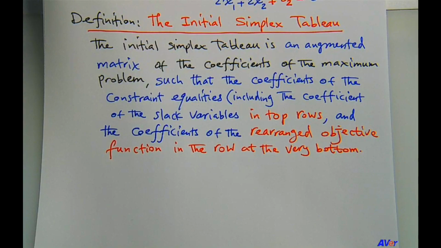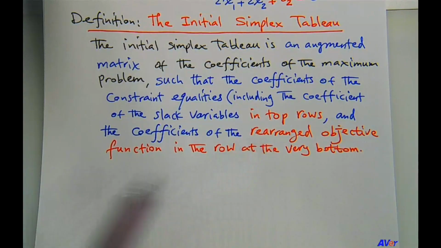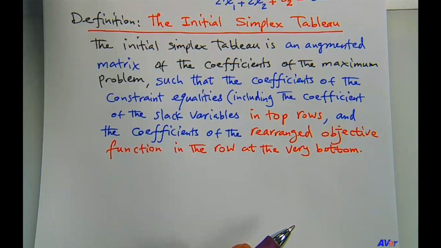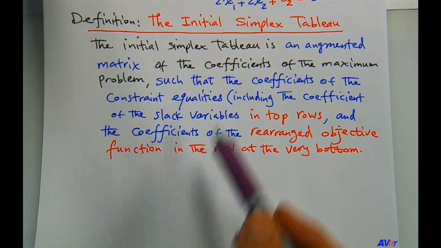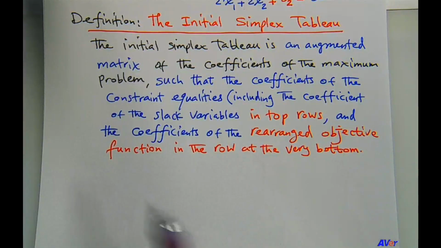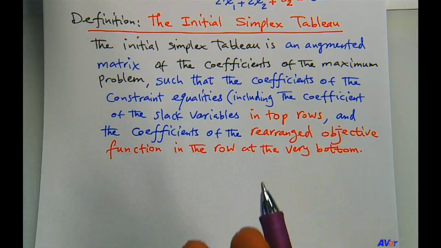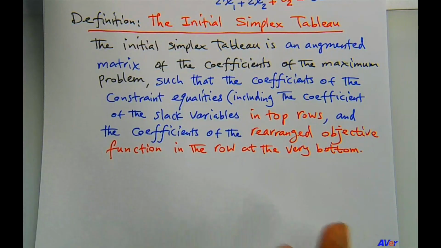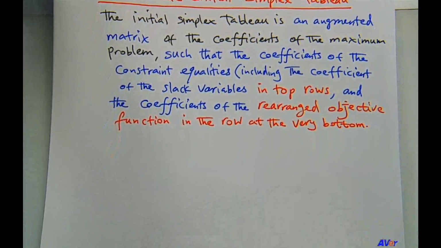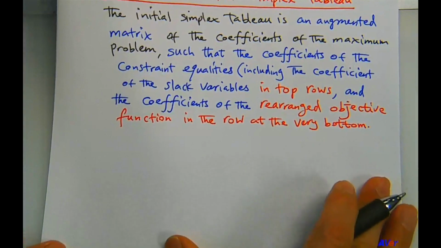Okay. So before we do examples, I want to make sure that you know what the initial simplex tableau looks like. That's all I want to make sure at this point, that you know how they look.